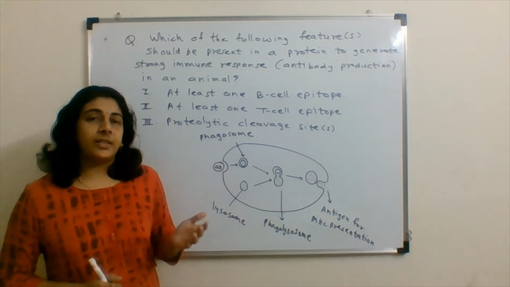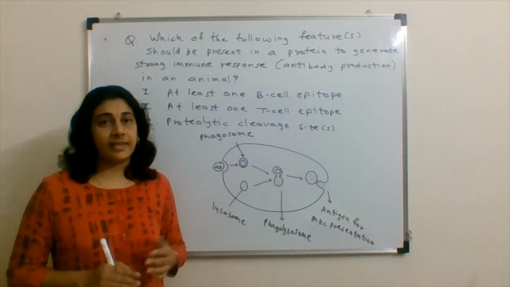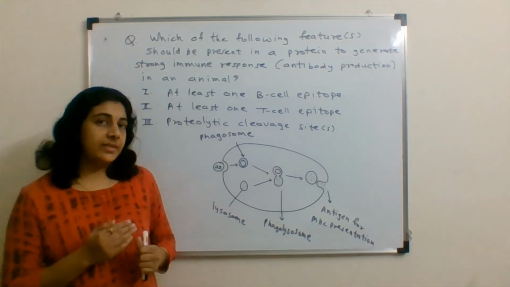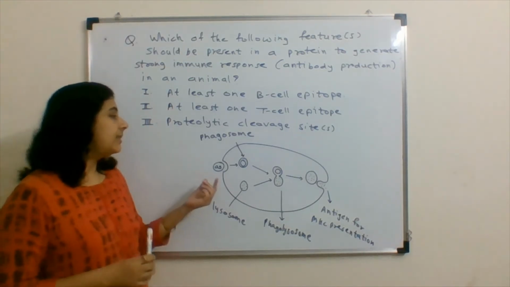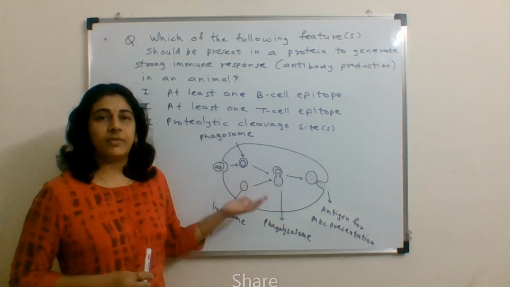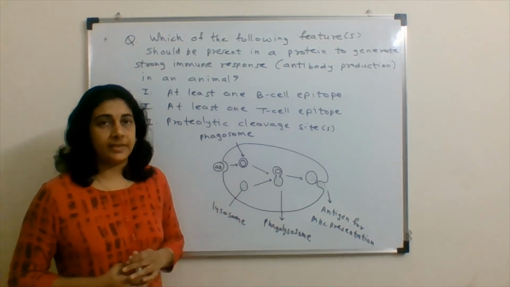The antigen presenting cell can be a macrophage, dendritic cell, or B cell even can act as an antigen presenting cell. But what happens here? We have to remember this. See, I have drawn here the diagram of phagocytosis, the very famous phenomena which is done by the APCs.